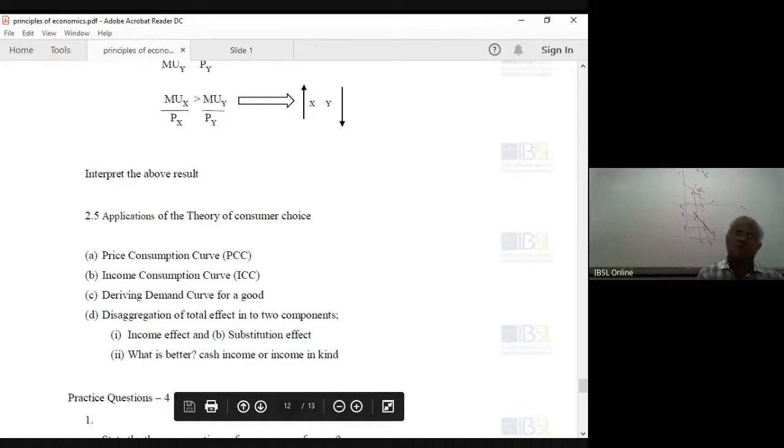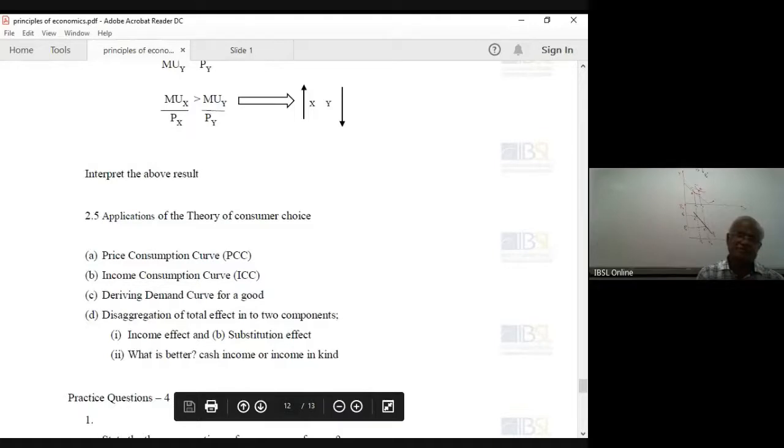Let's assume income is 5,000. Office wearing sari is 1,000. I just want to give the difference between nominal and real income. Nominal income 5,000. Price of a sari 1,000. How many saris can be purchased? If you spend all the income to buy saris, you can buy only 5 saris.